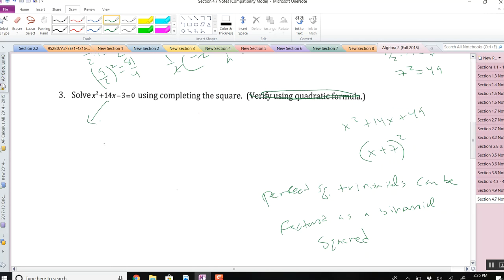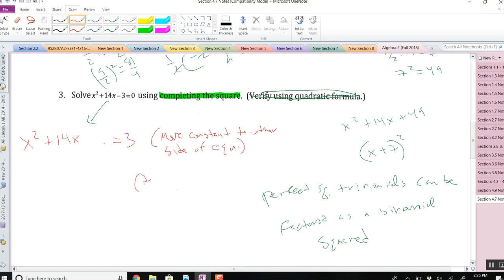Let me show you the process here. This process is called completing the square. And here's how it works. You're going to push the 3 off to the side. So what you're going to want to do is move the constant to the other side of the equation.